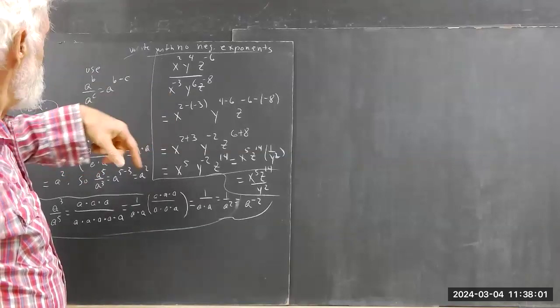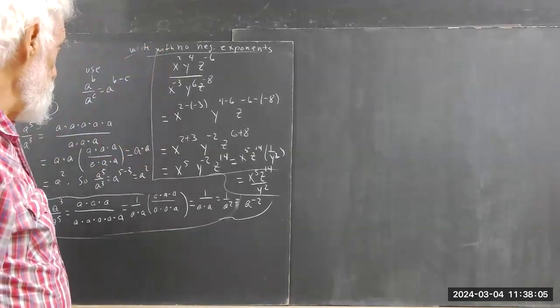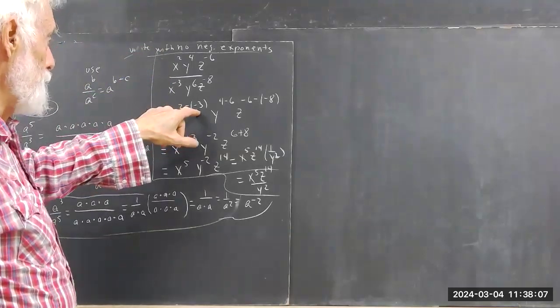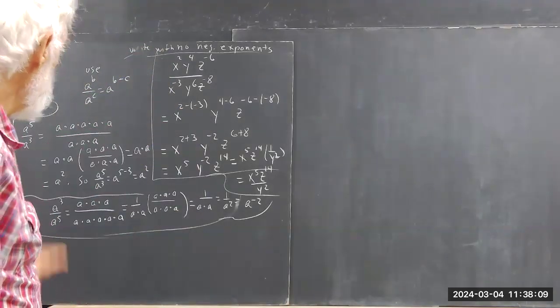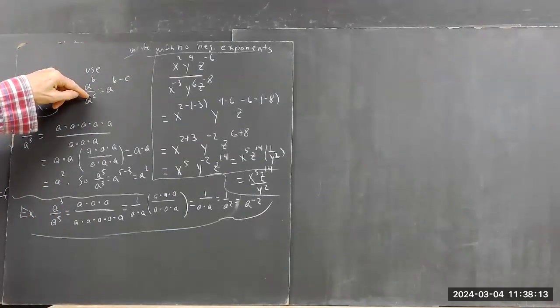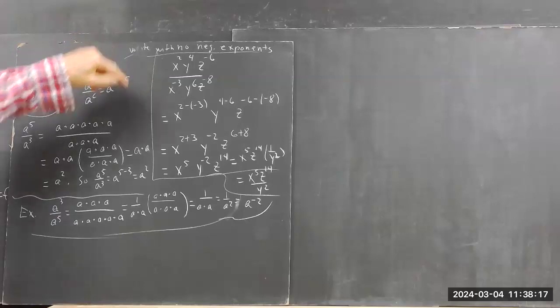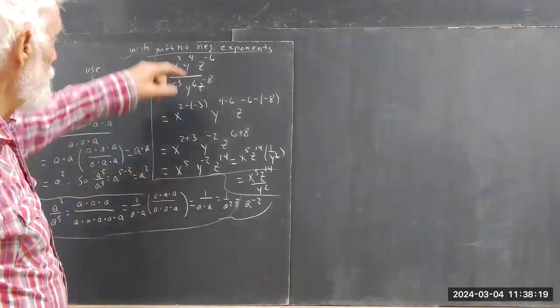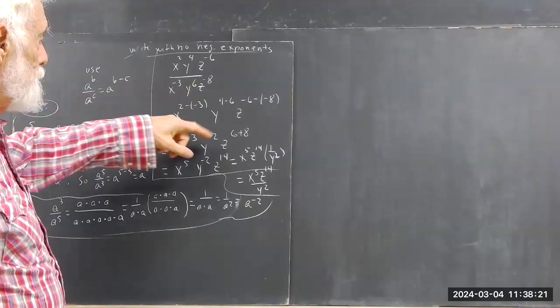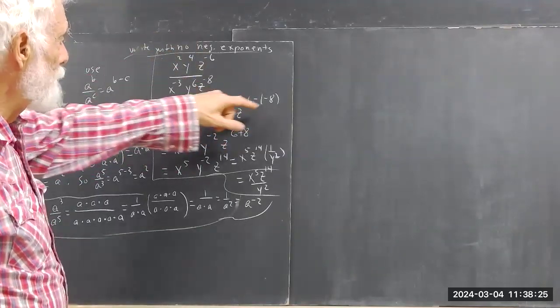And using this rule, x squared over x to the negative 3 is x to the 2 minus negative 3. Because if b is 2 and c is minus 3, we get b minus c. Okay, then we have y to the 4 minus 6 and z to the negative 6 minus negative 8.